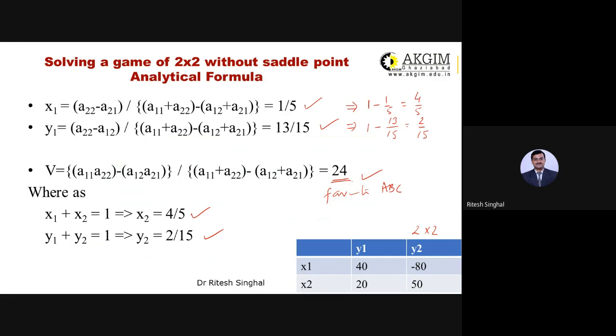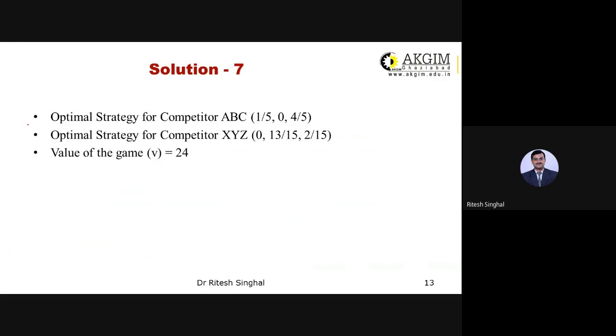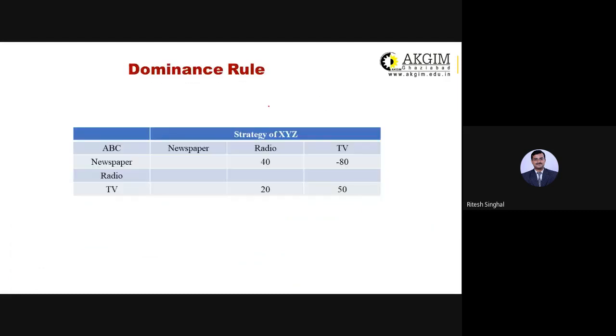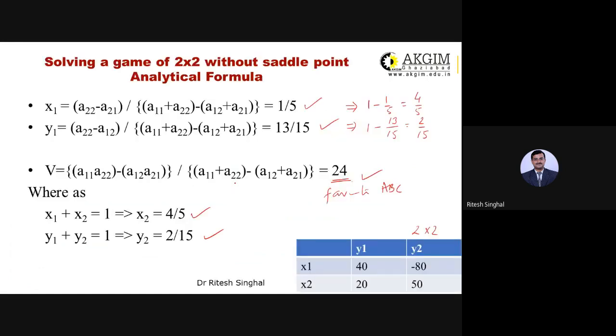But this would not work here. We should write the result in the desired sequence, in the desired manner, and the desired manner is like this. Optimal strategy for competitor ABC is 1 by 5, 0, and 4 by 5. It means we advise not to use the strategy for radio for ABC, and for XYZ not to use the strategy for newspaper.